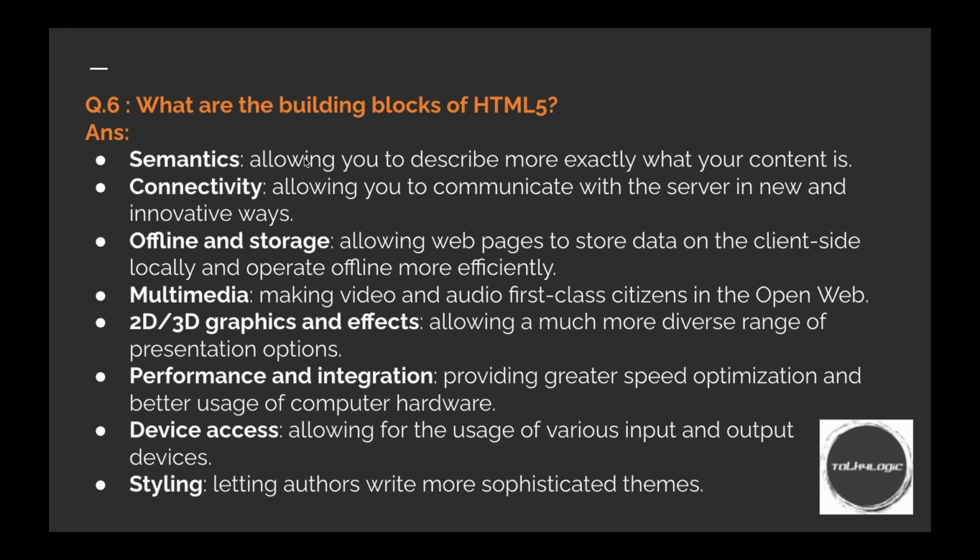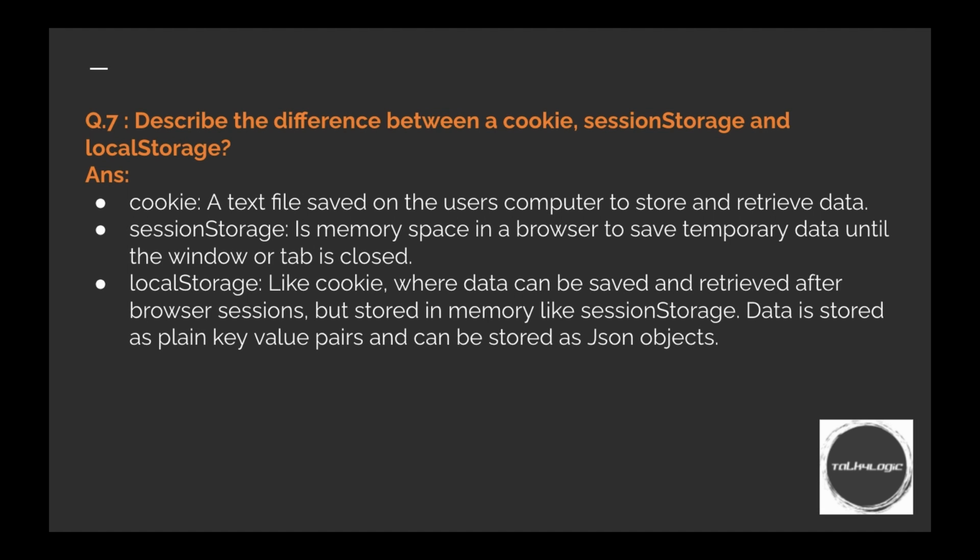Now moving to the next question. Describe the difference between a cookie, session storage and local storage. A cookie is a text file saved on the user's computer to store and retrieve data. Session storage is memory space in a browser to save temporary data until the window or the tab is closed.